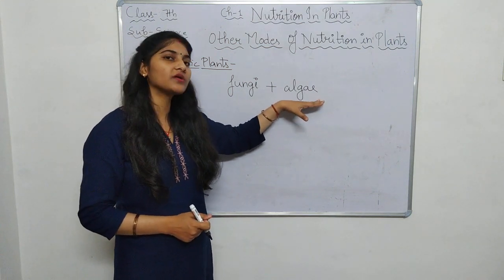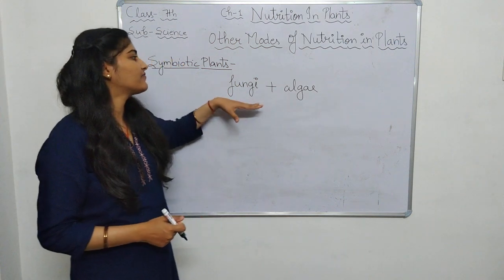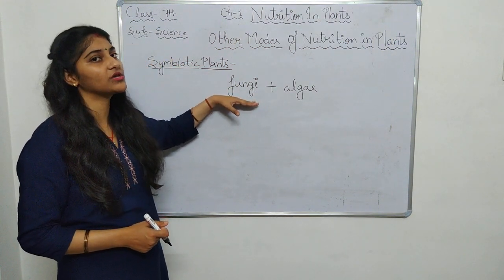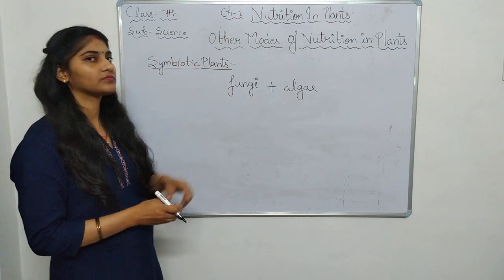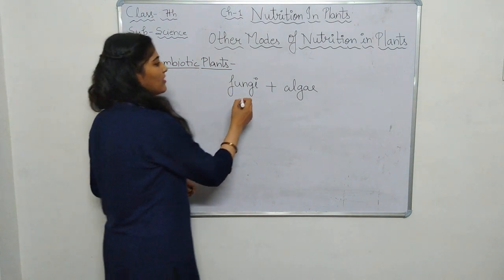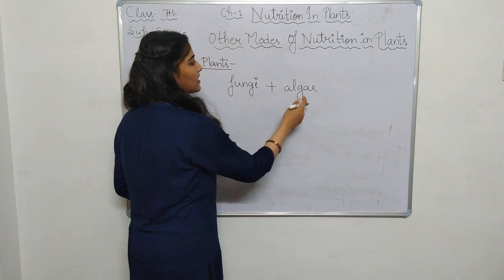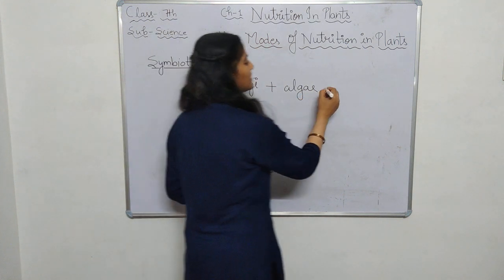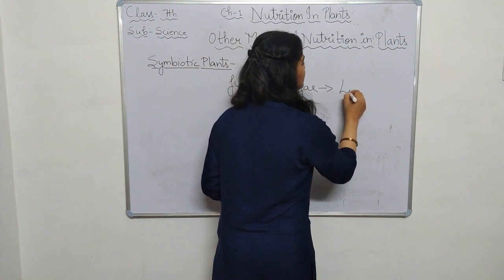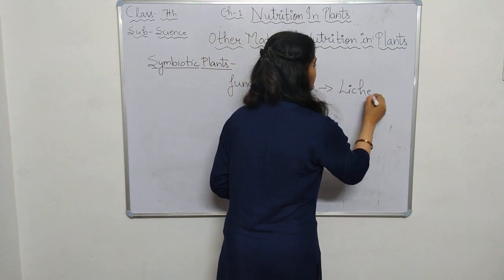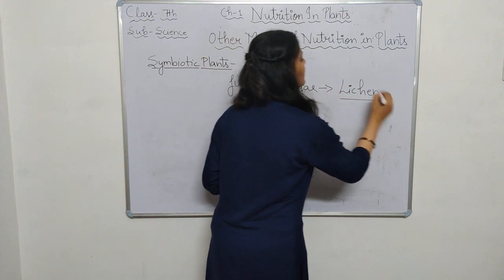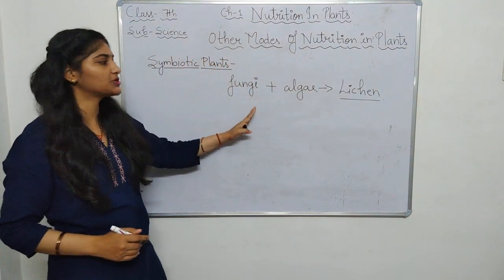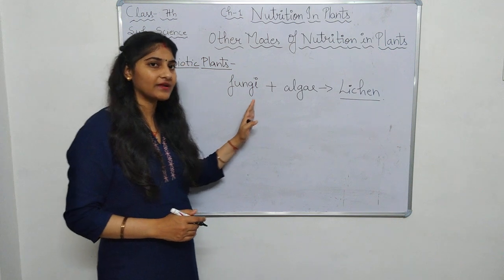They can prepare their own food. And fungi, because they do not have chlorophyll, cannot produce their own food. So, fungi live together with algae, and hence they are called lichen. They form a symbiotic association among themselves.